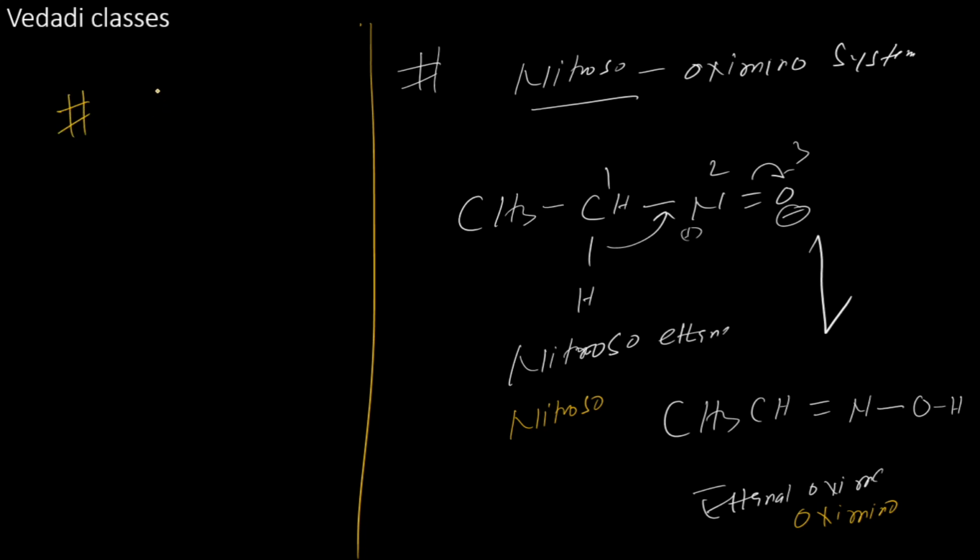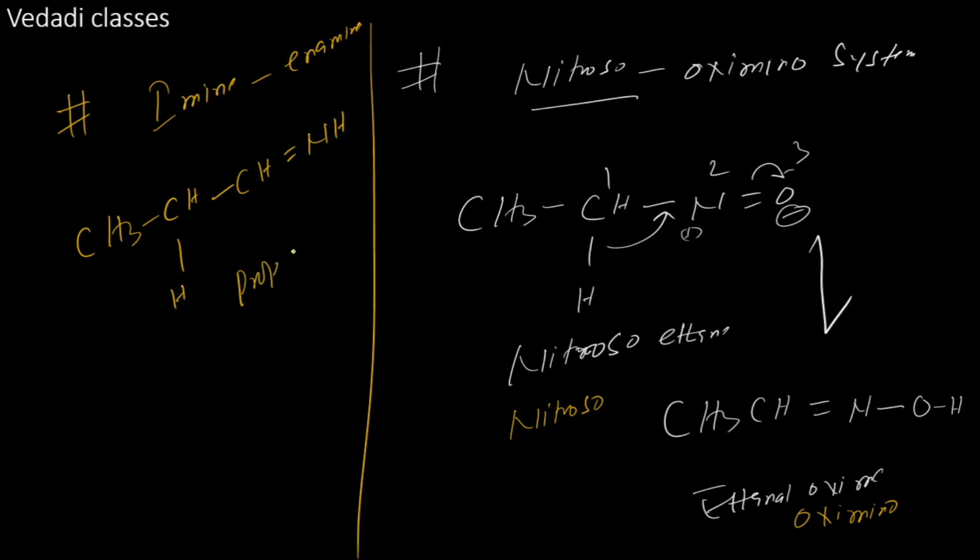Imine and enamine. So what is imine? Such a type of amine having double bond NH is known as imine. This is CH3 CH2 CH double bond NH. So this is imine, I-M-I-N-E. This is known as propan-1-imine.